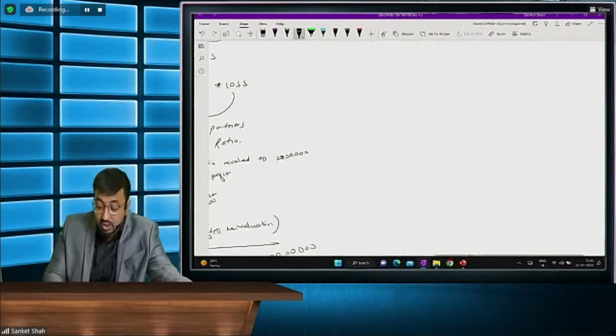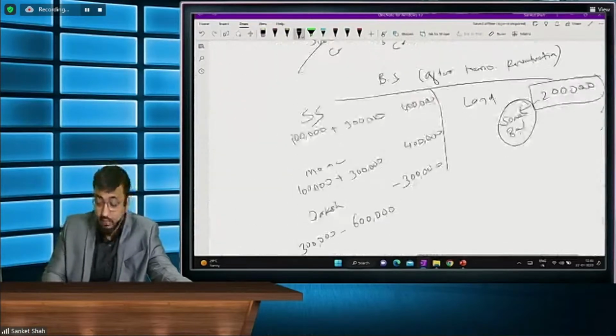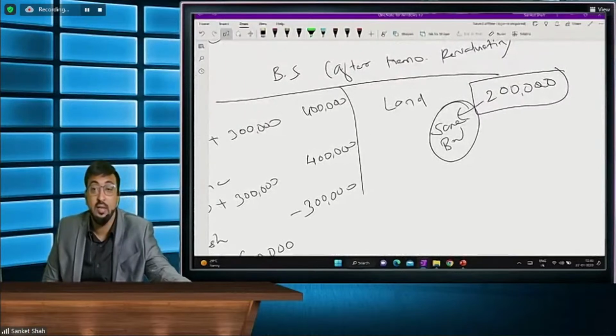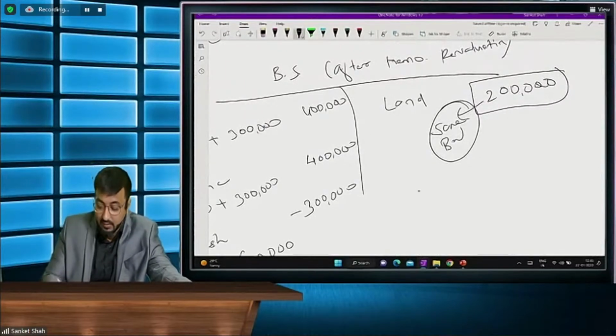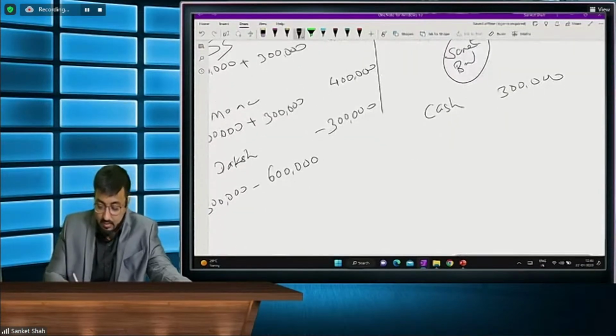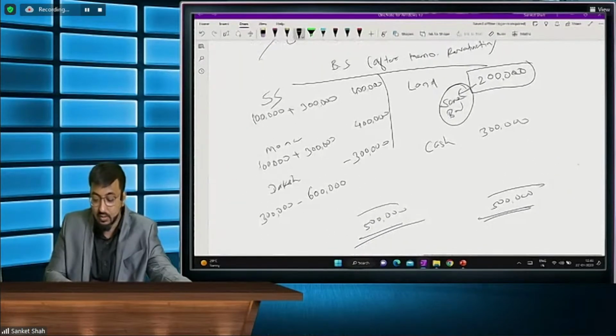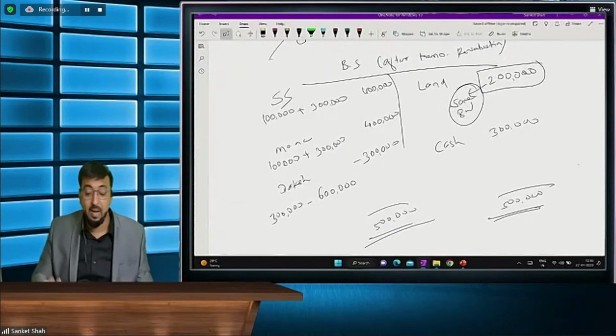In revaluation, land changed to 20 lakhs, and in memorandum revaluation, land will be shown at 2 lakhs and cash Daksh contributed 3 lakhs. So 4 plus 4 minus 3. 5 lakhs, 5 lakhs. So this is the balance sheet after memorandum revaluation.